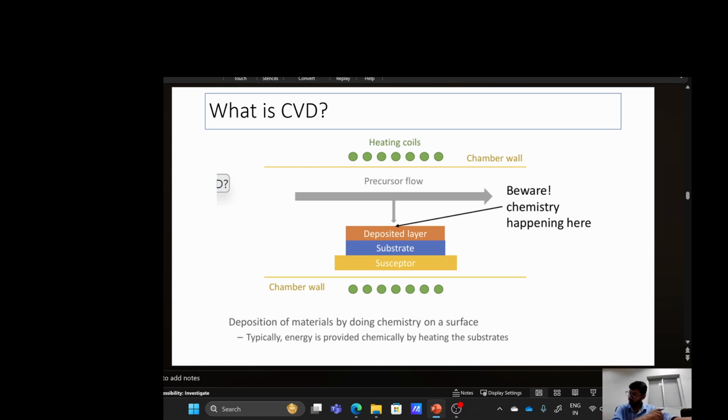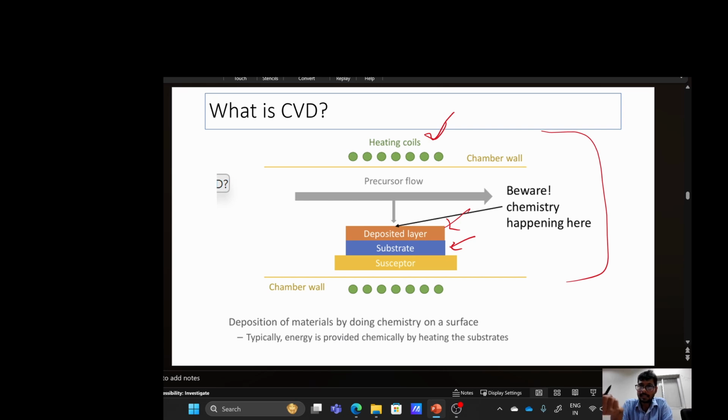Okay, so this is a typical representation of a CVD chamber, which includes heating coils to provide energy to the system. There is a substrate that can hold the layer that we are going to deposit.